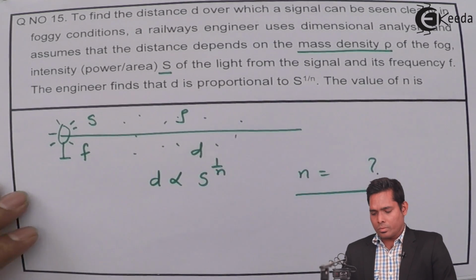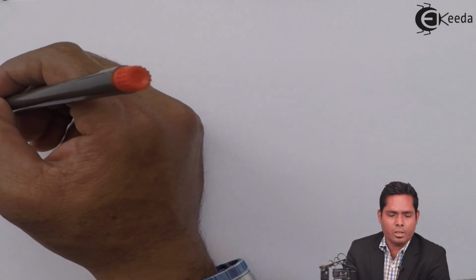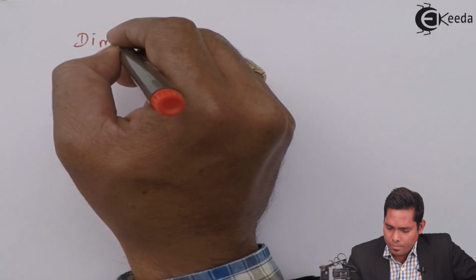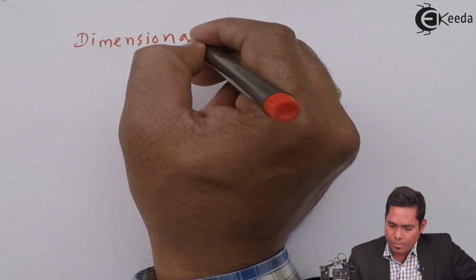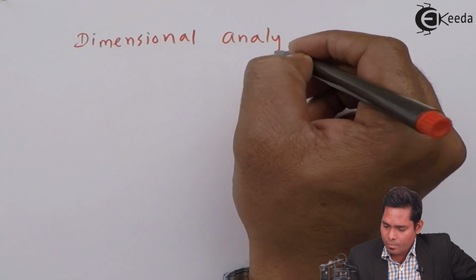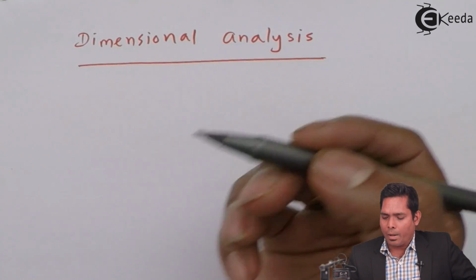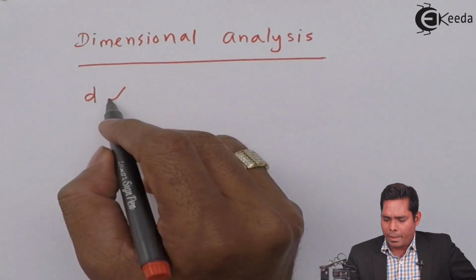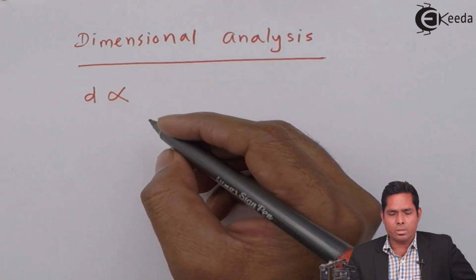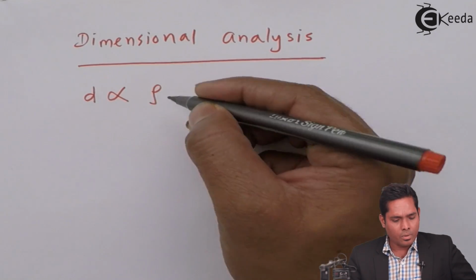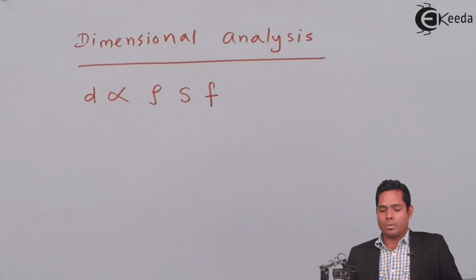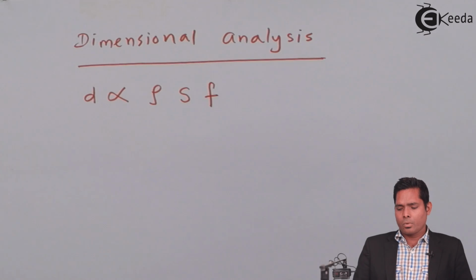Now this is a dimensional analysis question from 2014. In dimensional analysis, we know that distance d depends on a few factors like density, intensity and the frequency of the light source.